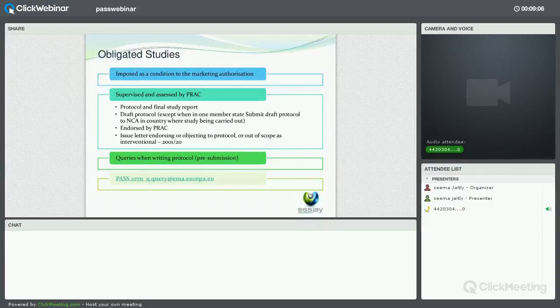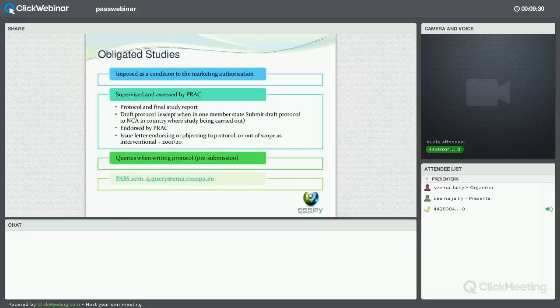So talking a bit more about the obligated studies, certainly the implementing regulation and the legislation itself focuses very heavily on this and what you need to do in this setting. So you can have an obligated study at application, when you submit an application, or if there's an emerging safety issue that's associated with your product.